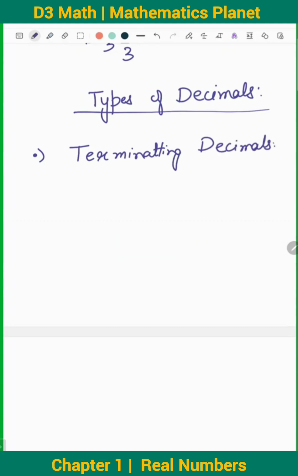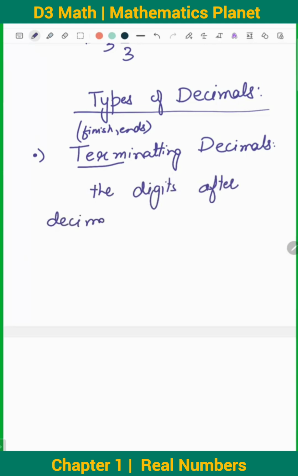The word terminate means finish, means ends. So what is the meaning of terminating decimals? The digits after the decimal point terminate. So this is called terminating decimal.